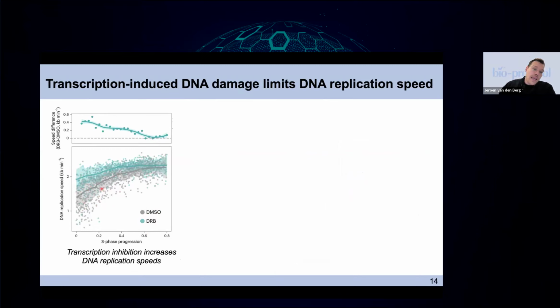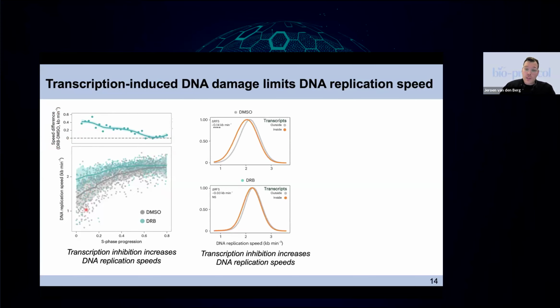What you see is that mainly in early S-phase, we see an increase in DNA replication speeds if we treat cells with a transcriptional inhibitor. And this is another way to quantify this, where we look at the differences in speeds over DNA replication between the two conditions. And then we see that due to the RNA polymerase II inhibitor, we approximately get 400 base pairs per minute faster DNA replication in early regions or in transcribed regions, because we know these overlap.